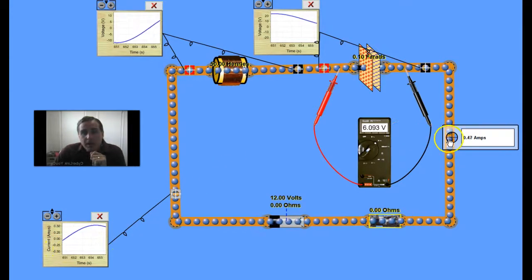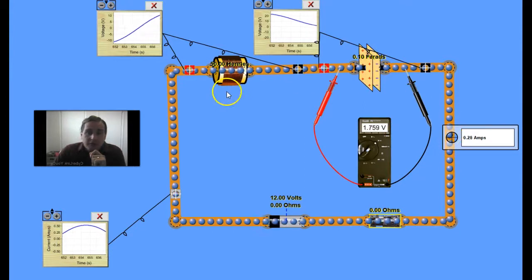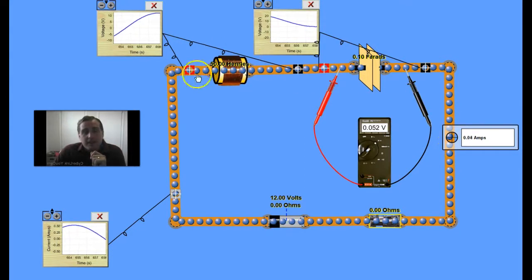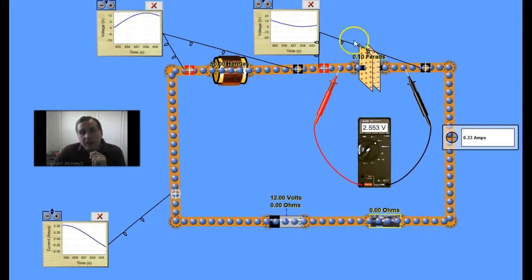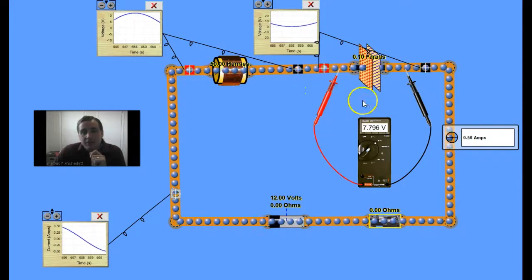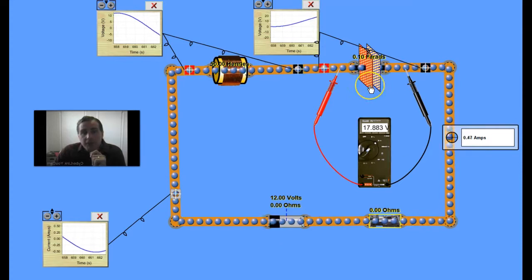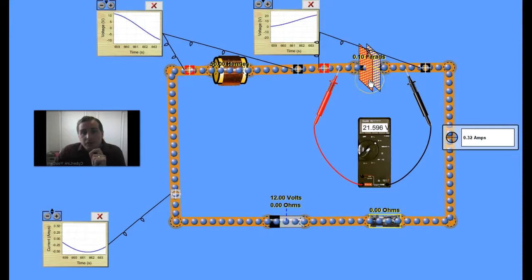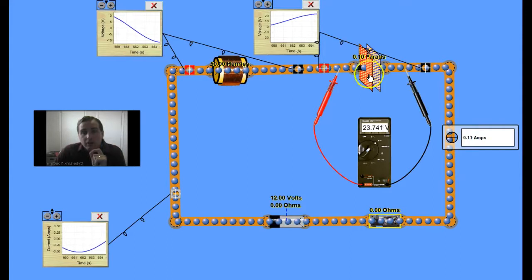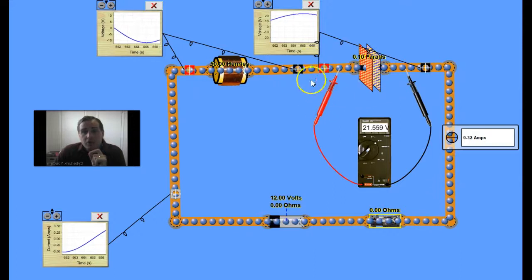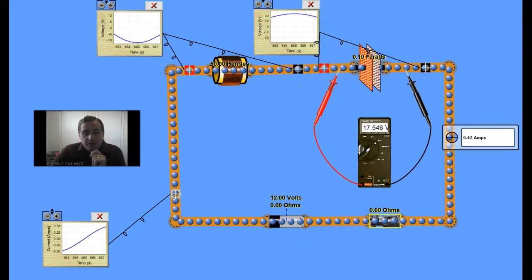So notice that as the current pushes back in the opposite direction, again, the inductor changes its polarity, as does the capacitor here. Now notice the capacitor is getting charged again. But then once the capacitor is sort of fully charged, look at this. The current's going to slow down to 0, and then it's going to start pushing back the opposite direction.